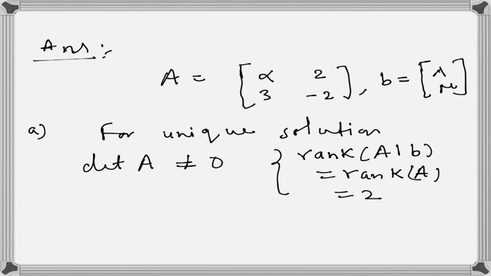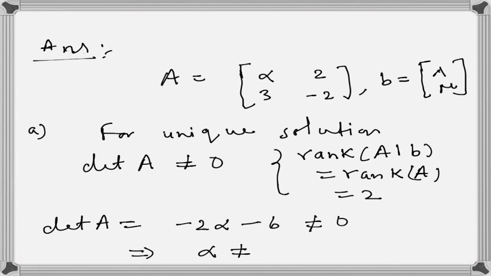So both these conditions are equivalent. Alright, so let's find the determinant of A, which is nothing but minus 2 alpha minus 6, and this is not equal to 0. This implies alpha is not equal to minus 3. So here we don't have any condition on lambda and mu.